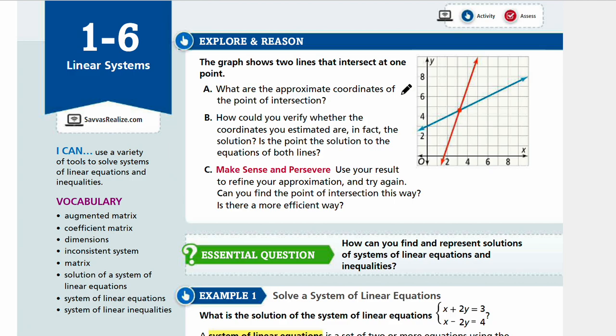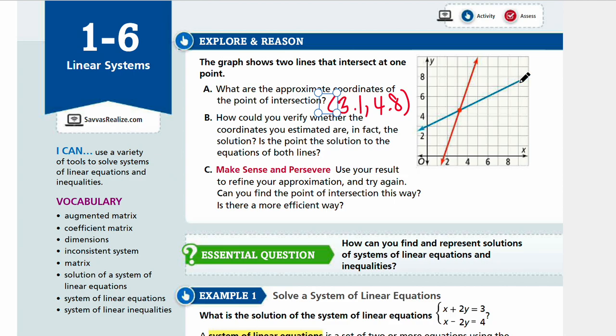So we can say something like 3.1 and 4.8 since it's closer to 5. But it's definitely not 3 and it's definitely not 4 or 5. So we have to approximate using decimals.